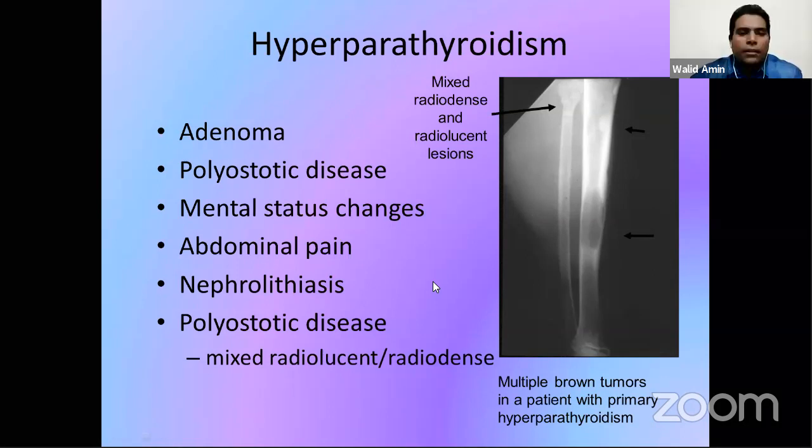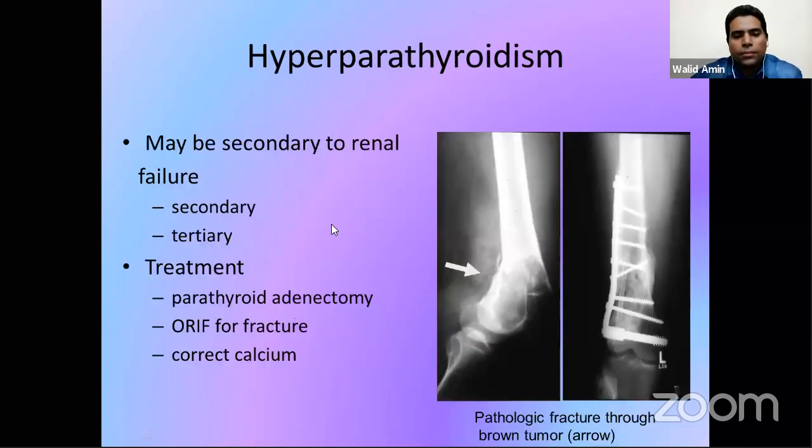Hyperparathyroidism may be secondary to renal failure, and this picture is common to be seen due to renal failure, which can be secondary or tertiary. The treatment will be with parathyroid adenectomy or relief of the fracture and correction of calcium, of course. And this picture shows the pathological fracture through a brown tumor. This brown tumor is caused by hyperparathyroidism.